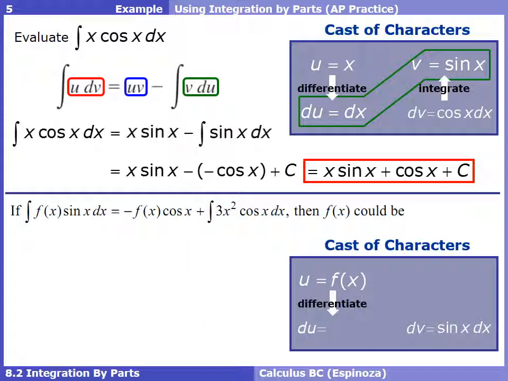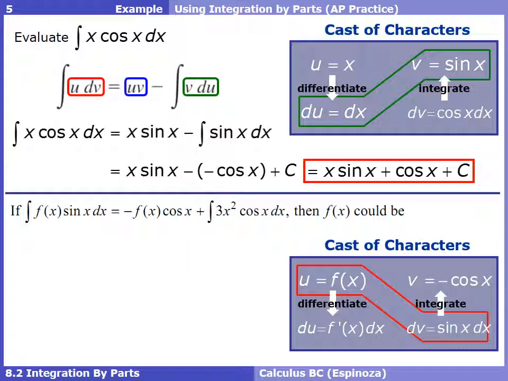So if we take the derivative of u, we get du, and the derivative of f is of course f prime dx. On the integral side of our cast of characters, the integral of sine x is of course negative cosine x. So let's go ahead and apply our formula and see how all of this is going to tie together. Don't forget what we're trying to do: we're trying to find what that original function was that gave us this problem to begin with.